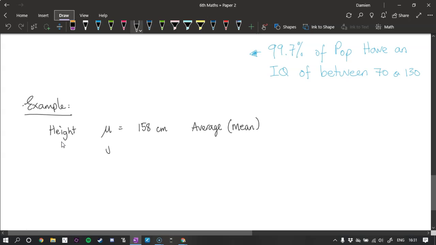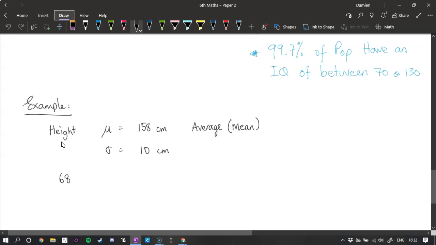You're then told that the standard deviation is 10 centimeters. Then it will say to you, the empirical rule says that 68% of students, or 68% of a normally distributed population lies within 1 standard deviation of the mean, and it will ask you what range of heights are in this. So for example, you need to be able to do this.